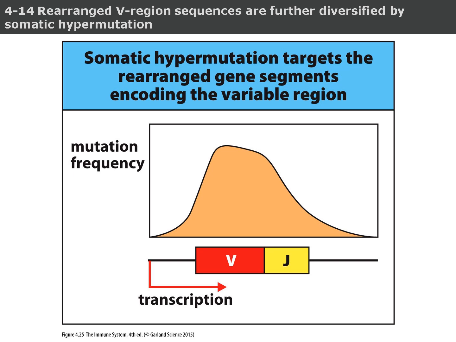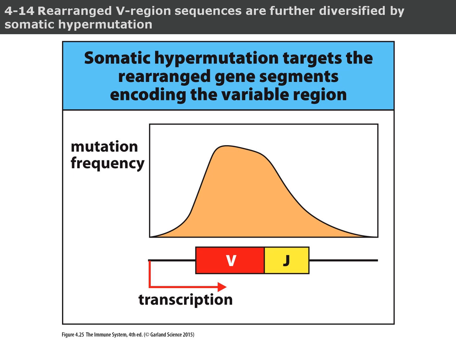During this process, the enzyme activation-induced cytidine deaminase introduces point mutations into the rearranged variable gene segments. As shown here, the mutation frequency is highest within the region spanning the variable and joining gene segments. These mutations occur at a rate far higher than in typical genes and are tightly focused on the antigen-binding site.